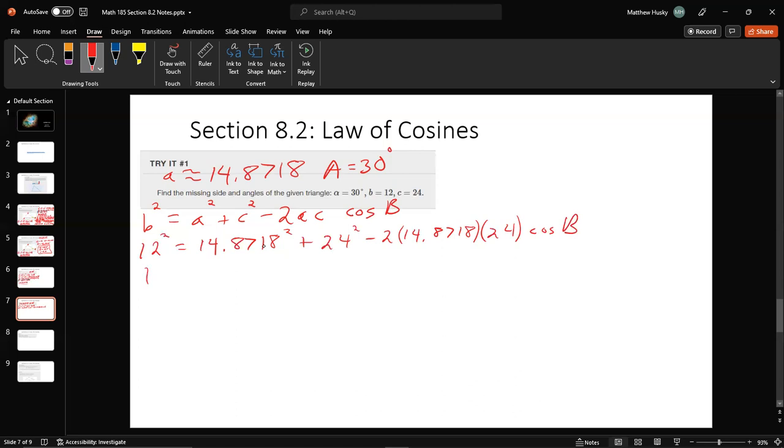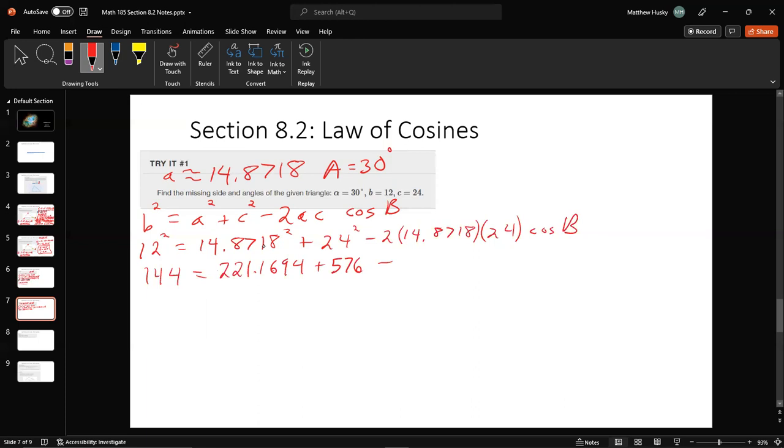All right, this is 144. Before we square rooted it, it was 221.1694. That was 576. And then what do you get if you do 2 times that thing times 24?